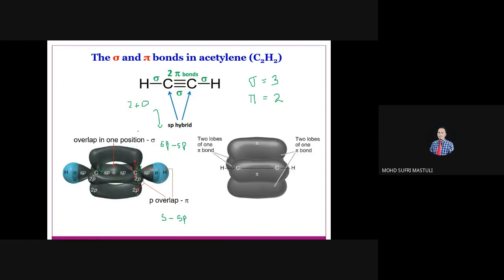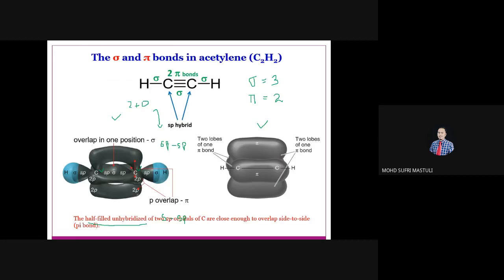So you can draw like this, or you can draw like this. Again, because it has a pi component, the pi bonding should come from half-filled unhybridized orbitals.